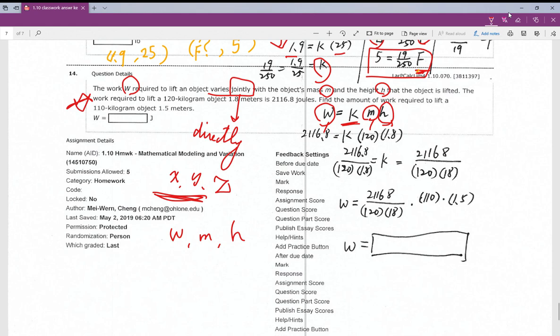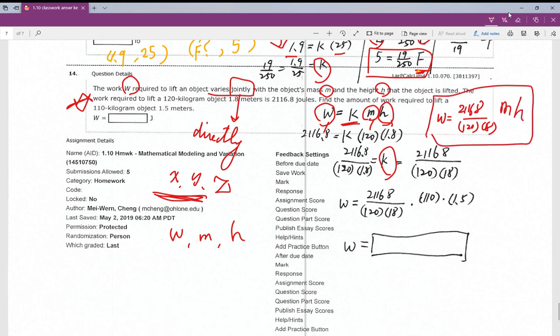After you solve for K, then you have W equals, well, this very ugly number, right? 21168 over 120 times 18, times M and H. So this is the new formula. And it depends on what's the next part they give to you.